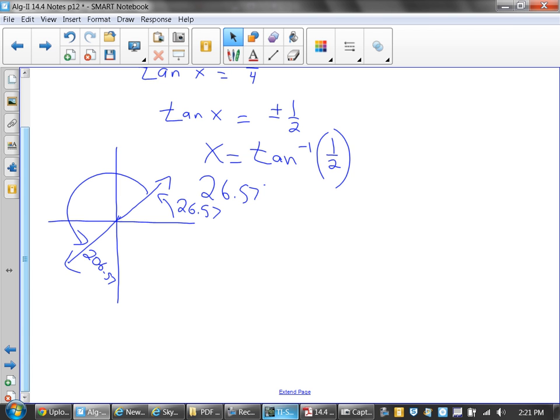okay. Now remember, this was a plus or minus value, so I also had to worry about it being in the negative quadrants. If 26.57 is my reference angle, what would be the negative value for it in the second quadrant? Careful. I'm going second quadrant. 153.4. It's 180 minus it.